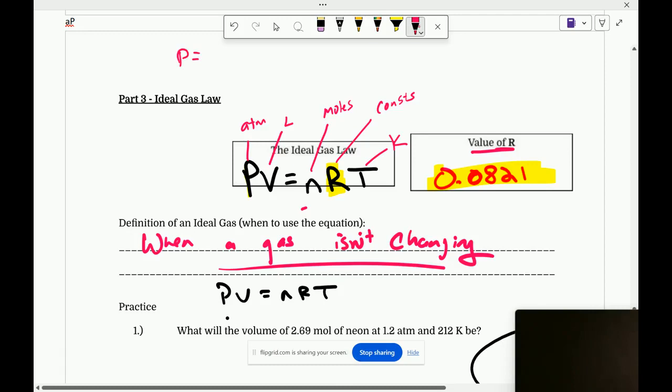If I want to solve for moles, which is N, N is equal to PV divided by RT. If I want to solve for temperature, temperature is going to be PV divided by NR. So I organized all four of these. I just did the algebra ahead of time for you.